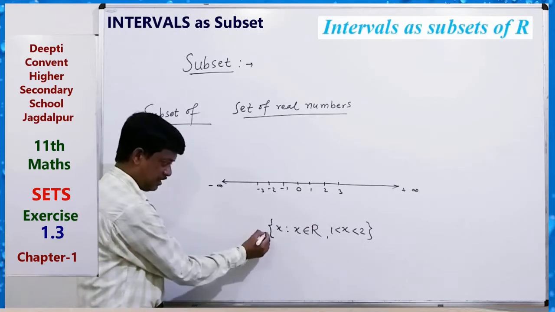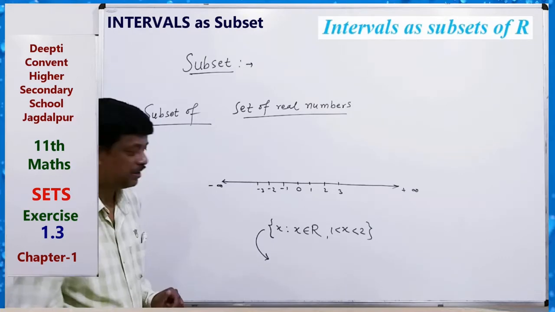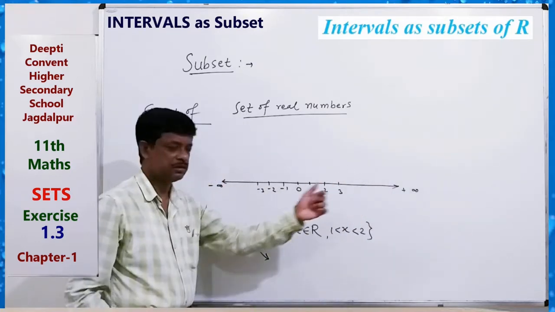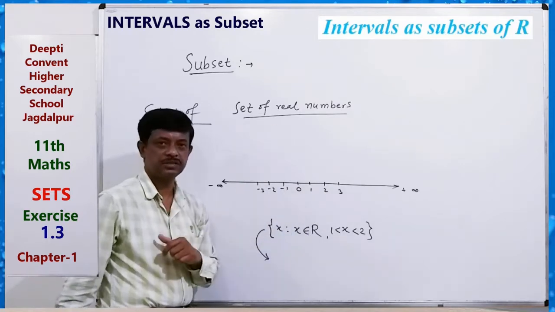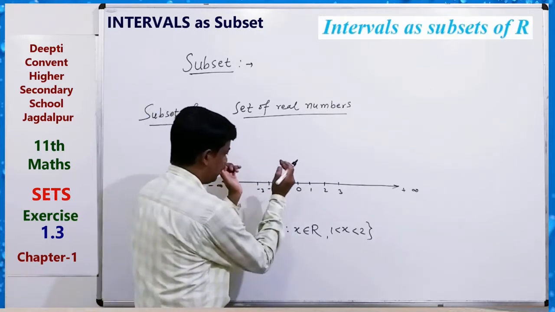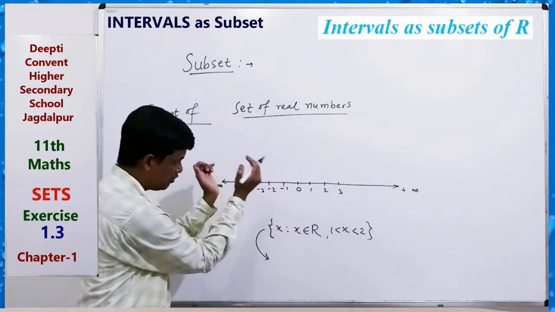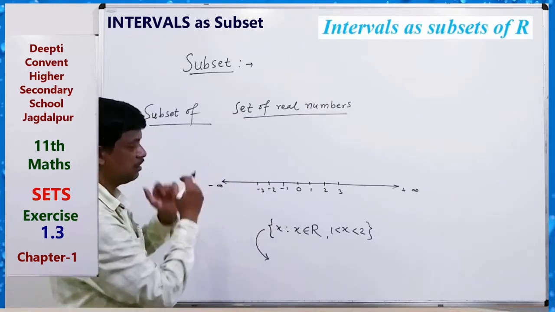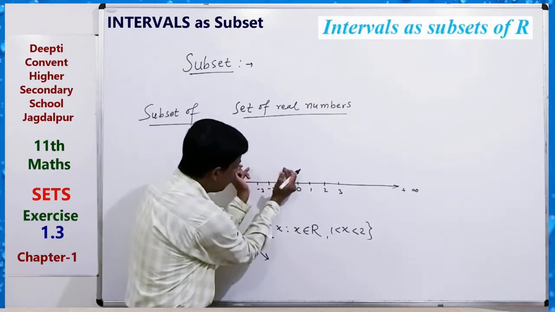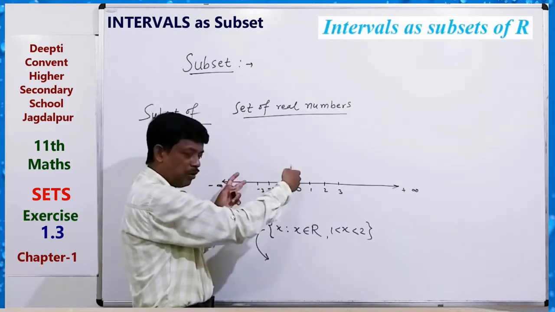This set can be represented as an interval. An interval means a portion of the real number line, where all the numbers are real numbers. If we take a portion of this line, then this portion contains all those real numbers between two endpoints.